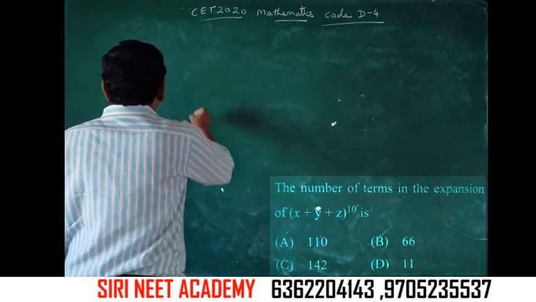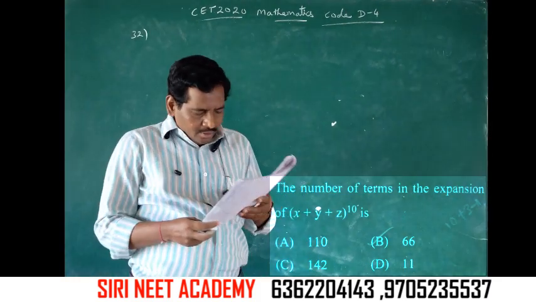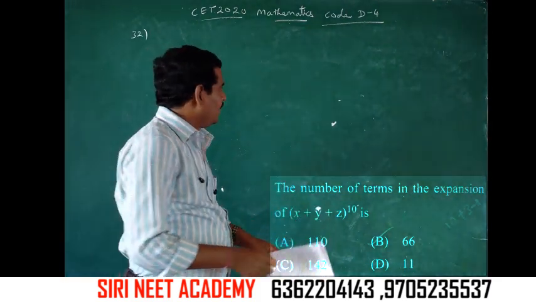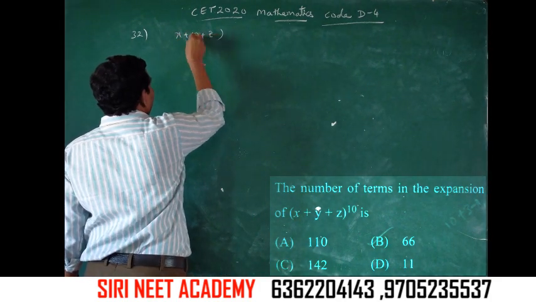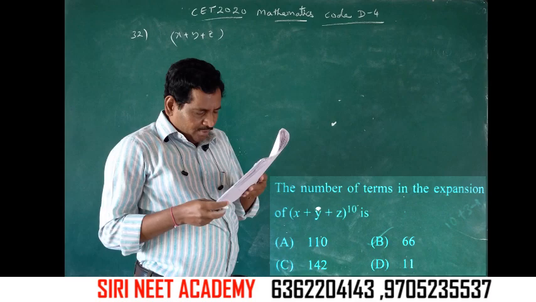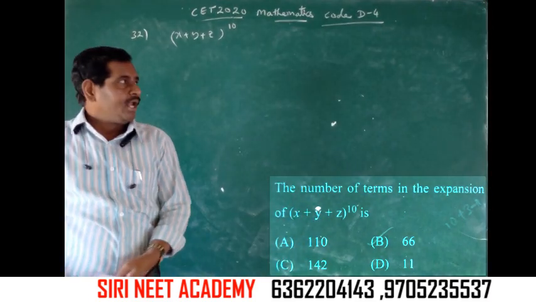Question number 32. The number of terms in the expansion of x plus y plus z to the power 10 is. So this is a trinomial.